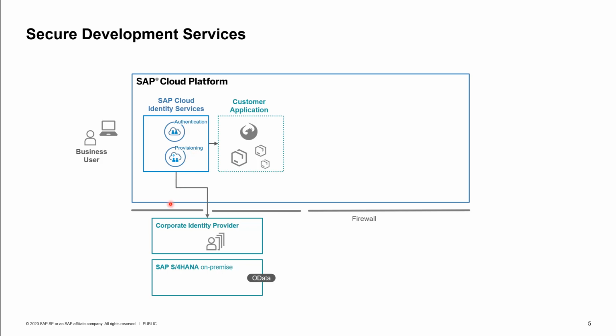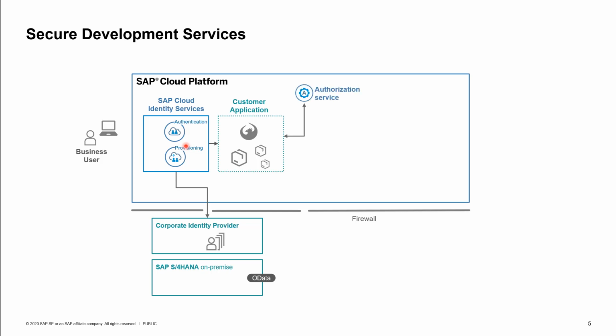Then, of course, at the bottom there is an S/4HANA on-premise system, just as an example. And you can integrate also your corporate identity provider with SAP Cloud Identity Services. We provide an extra video on the technical possibilities of that. So let's concentrate on this use case.